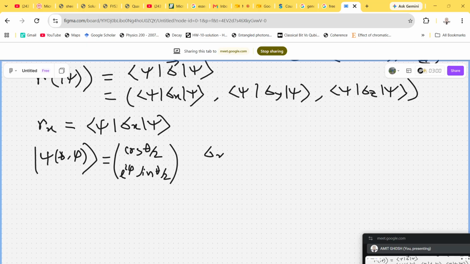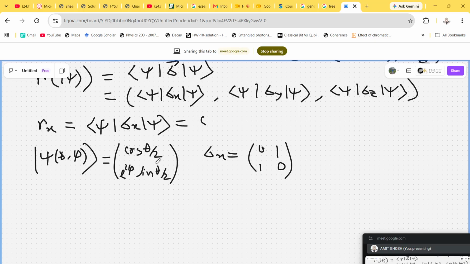Sigma x you know. Sigma x is given by 0 1 1 0, right? Now you calculate. If you calculate, you can check this.